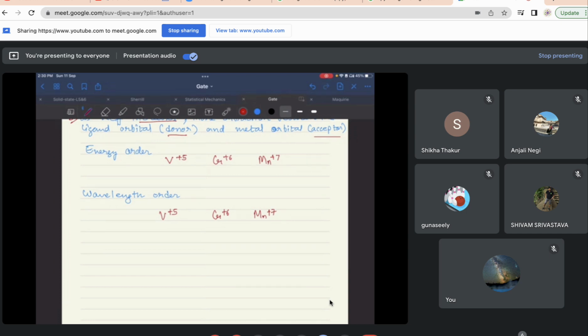You can see that the molecular orbital will look like this for Mn. If it is my Mn plus 7, my ligand is here. For chromium, it will be a little higher, and for vanadium higher still.